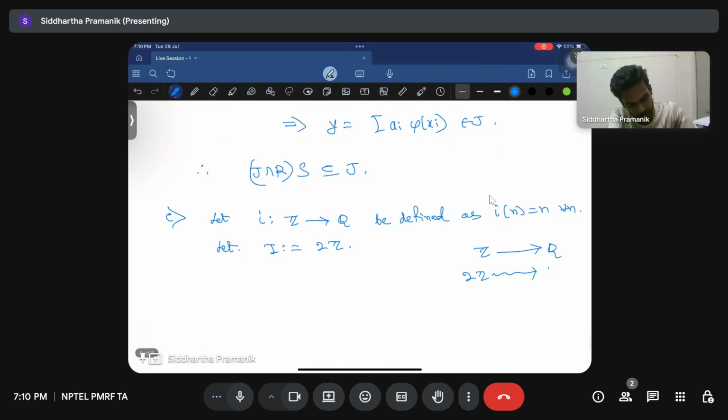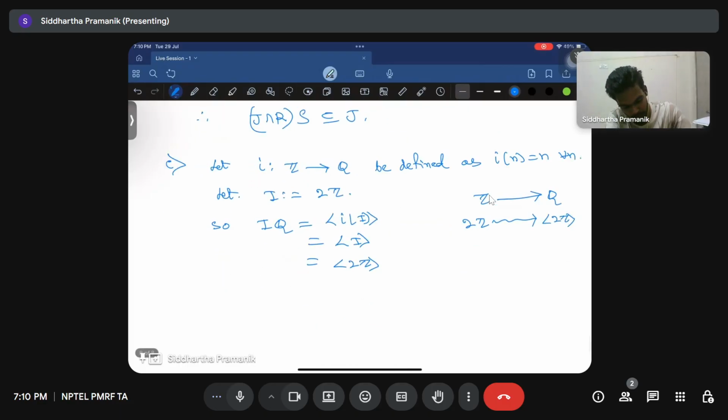Here the image is itself 2Z, so IQ is actually the ideal generated by i of I, which is itself I, which is generated by 2Z, but in Q all non-zero elements are units, so this should be Q itself.